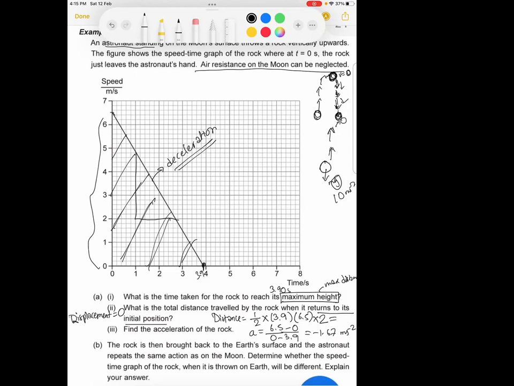So it will be like the previous graph that I showed you for deceleration. So it is going to look like this, in a different color, like that.